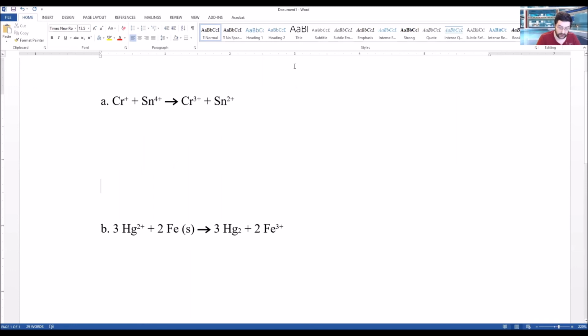So we're trying to determine what happened to chromium from the left-hand side to the right-hand side of the reaction arrow. So I usually just do these little brackets, like, lines or whatever. So we went from a +1 to a +3. What had to happen there in order to get more positive?